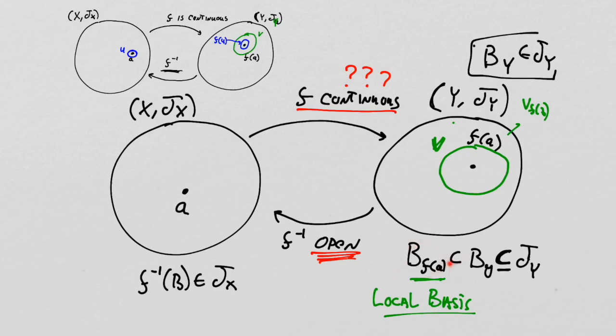So you will always have an element of the local basis inside this arbitrarily chosen V.